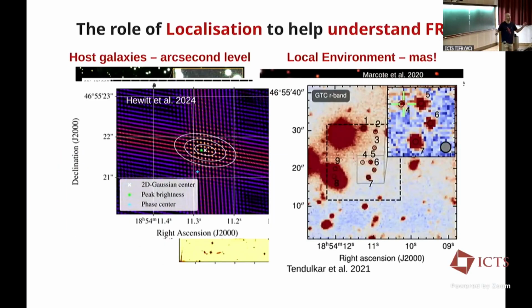This is one of the issues with FRB localization, because you have a snapshot, and an FRB is a millisecond. We don't have Earth rotation synthesis helping us with the single burst. We have a millisecond snapshot of the sky, so we have pretty much nothing to work with. But still, you can manage to localize it. And in this particular case, this was a localization to the faintest, at least luminous, galaxy at this point.